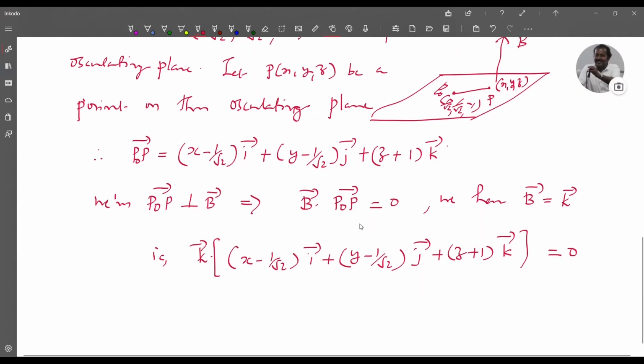Therefore, the i and j terms go to 0, so this is z plus 1 equal to 0. Therefore, z equal to minus 1 is the equation of the osculating plane.